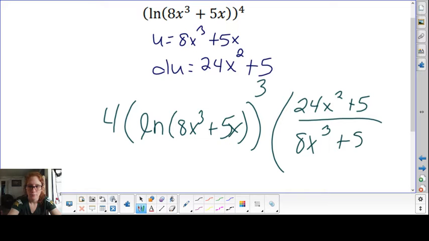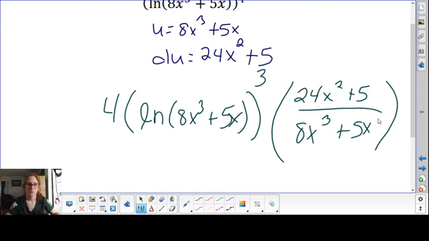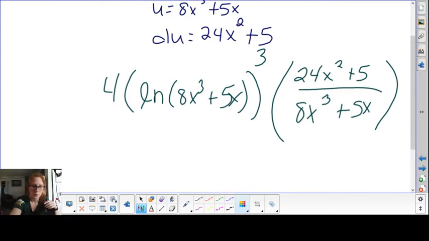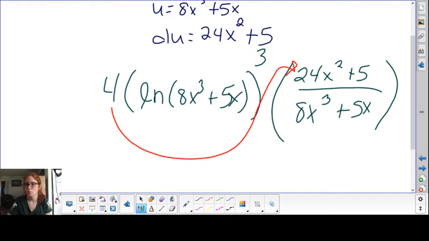divided by 8x cubed plus 5x. Now with this one, one more step is I can go ahead and put the 4 together with one of the 2 terms. I can't put it with this guy because he's got the cube. But I can put the 4 with this guy because it's just a regular set of parentheses.